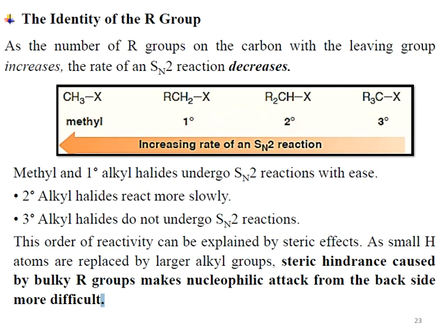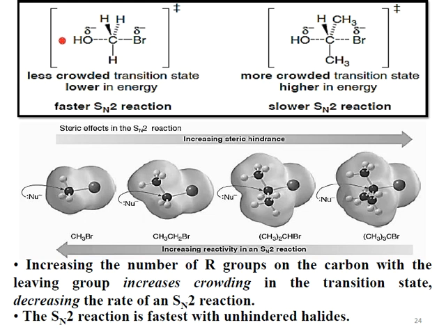Okay, and here you will see the transition state. Here we have just three hydrogens, meaning this primary alkyl halide has a less crowded transition state, lower in energy. That means we have free space here, more space for the nucleophile to attack from the backside.